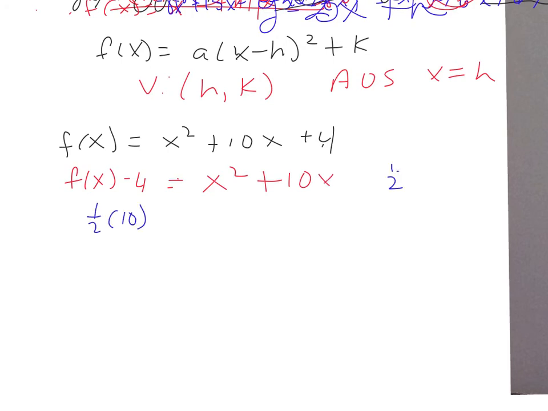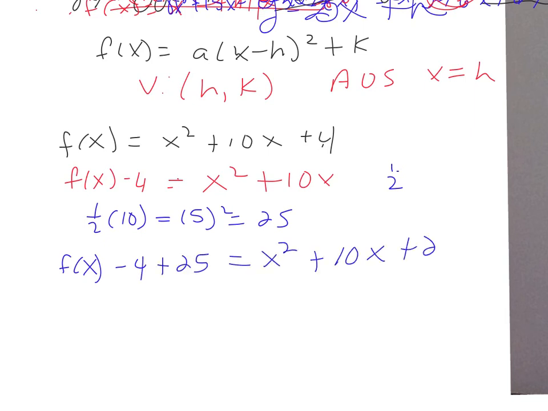Half of 10 is 5. Squared is 25. Add that to both sides. So f of x minus 4 plus 25 is equal to x squared plus 10x plus 25. And then negative 4 plus 25 would be 21. So it's f of x plus 21 is equal to x plus 5 squared.